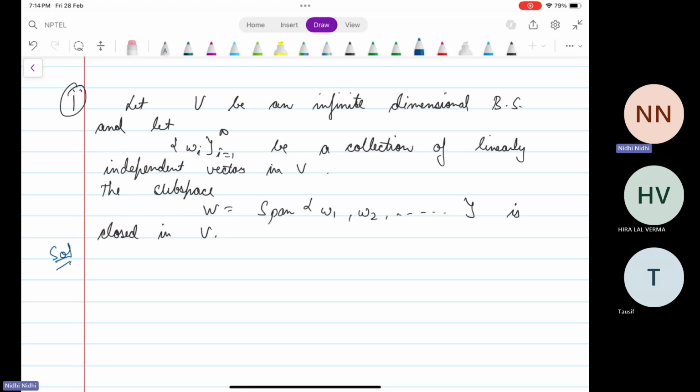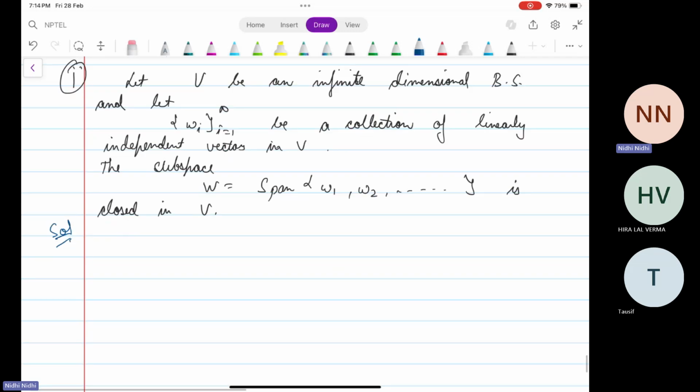Solution. Now suppose this W is a closed subspace. Now we know that a closed subspace of a Banach space is a complete space in itself. So suppose that, if possible, W is closed.